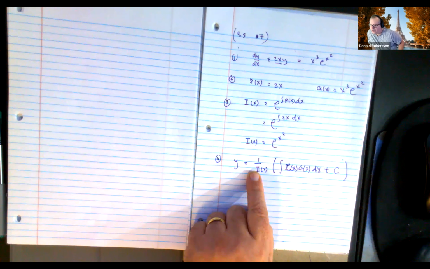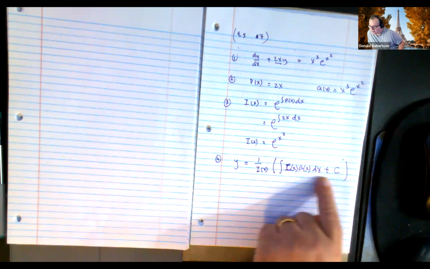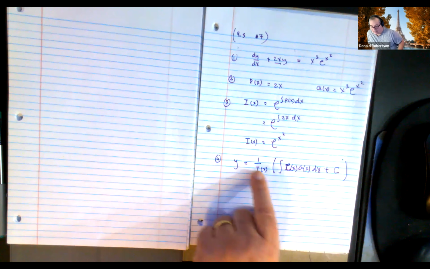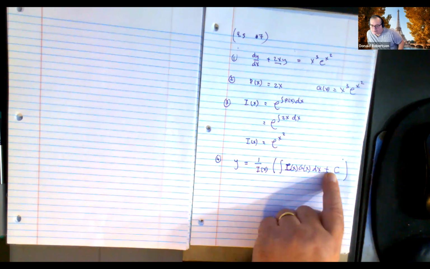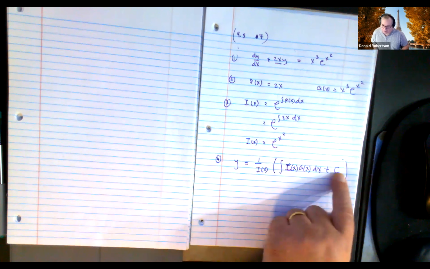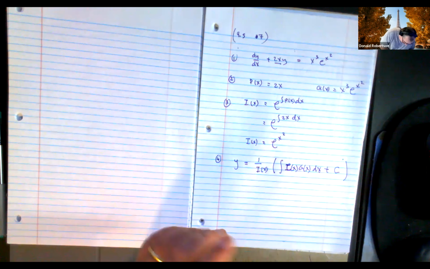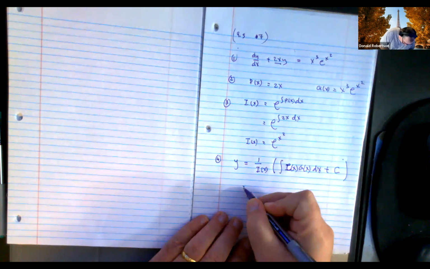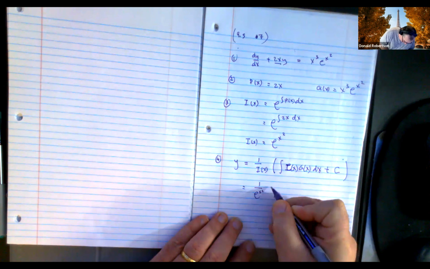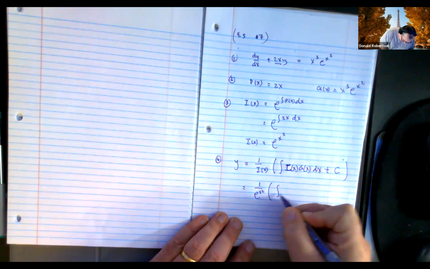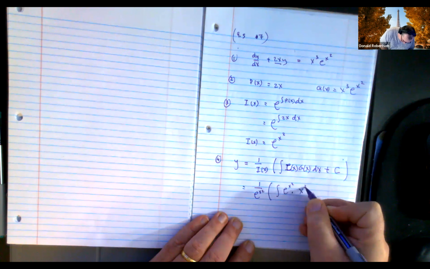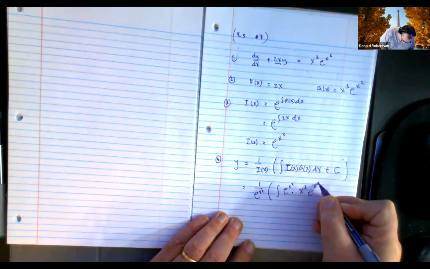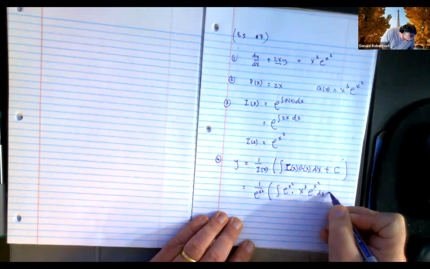I'd prefer you to memorize it, but maybe you're not there yet. So it'd be 1 over e to the x squared, the integral of e to the x squared times x cubed e to the x squared dx plus c.